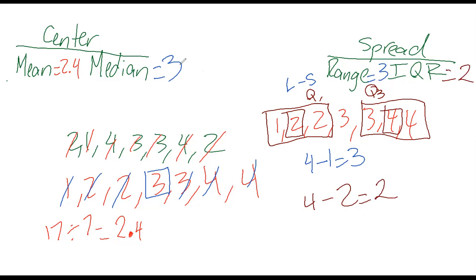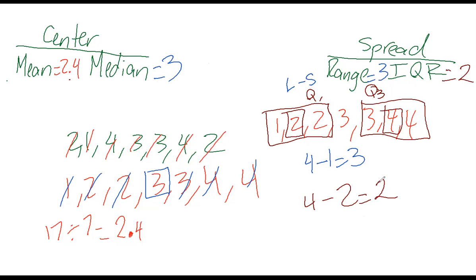So we have all these different numbers, 2.4, 3, 3, and 2 from this data set, but let's talk about what that actually means. Again, these two numbers are representative of the entire data set and give us an idea of what's in the middle. These two numbers are talking about how spread apart those numbers are. So the largest minus the smallest, we get 3.